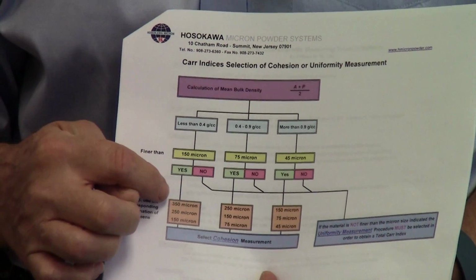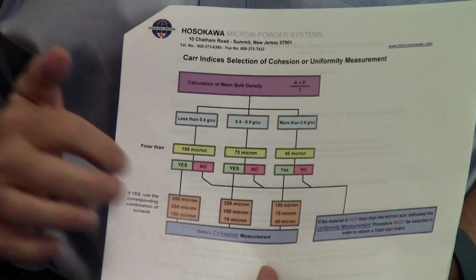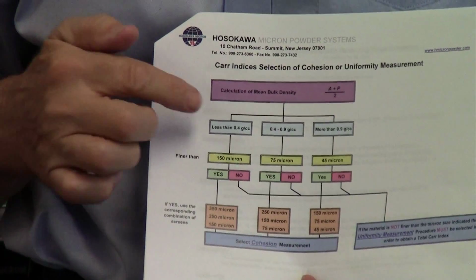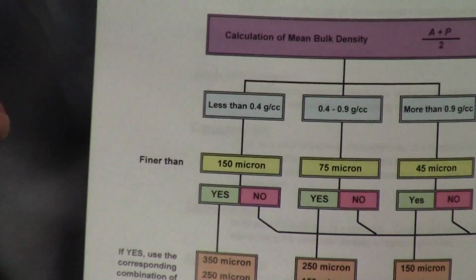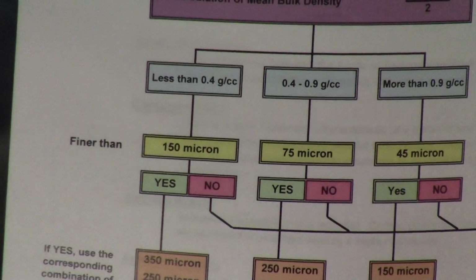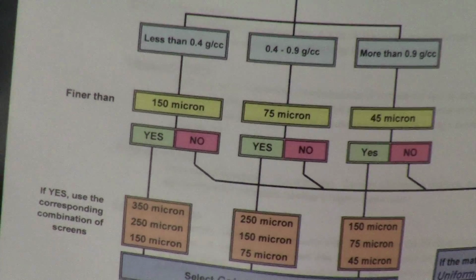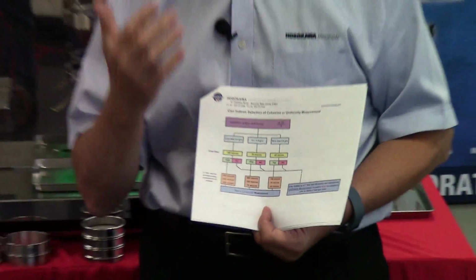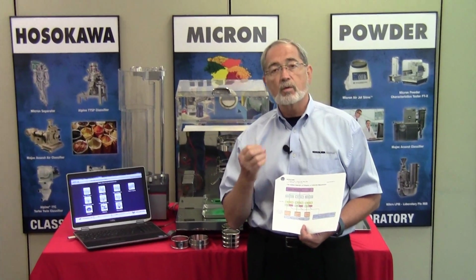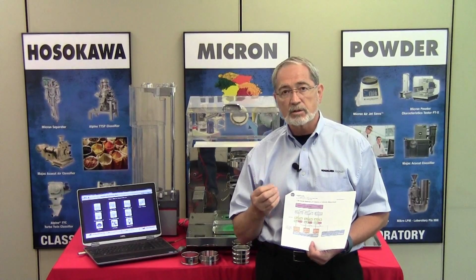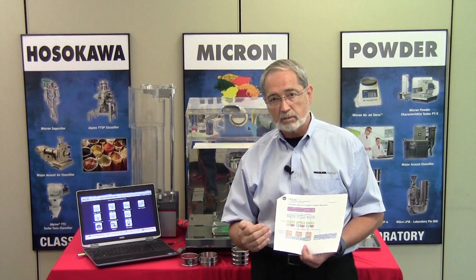In that case, it would be 350 micron, 250, followed by 150. The critical part is that 100% of the material must pass through the finest screen. Why do we do that? Simply because we want to identify the natural attraction, or cohesion, of particle to particle.